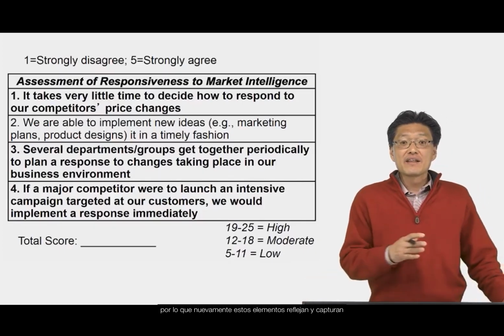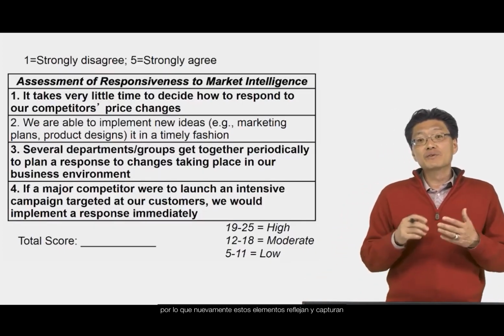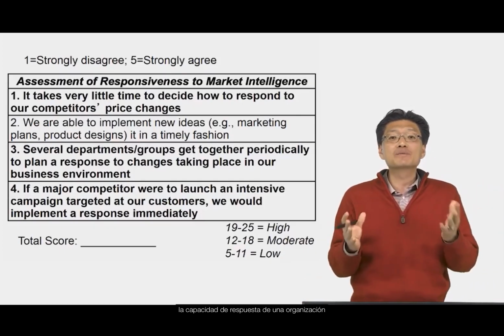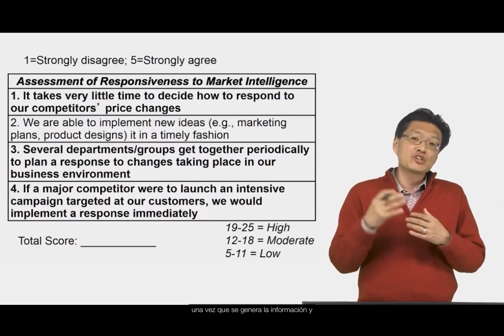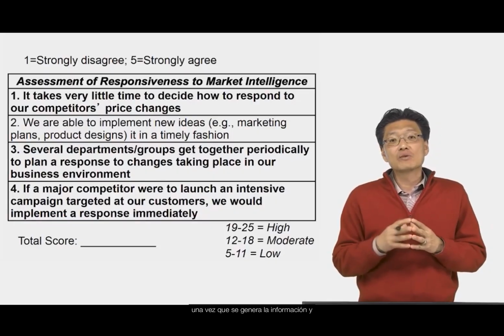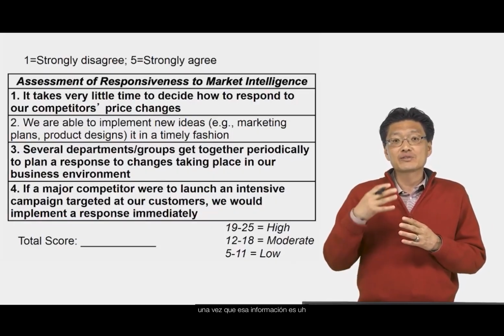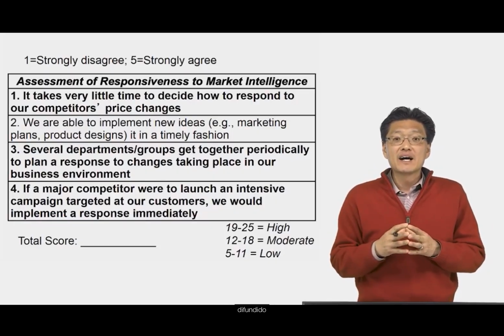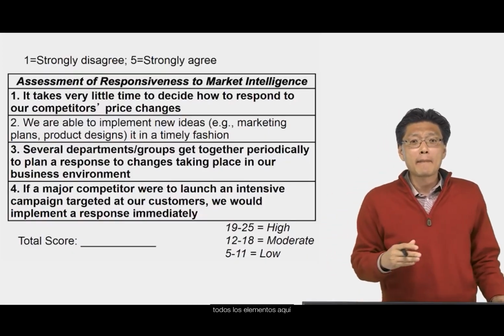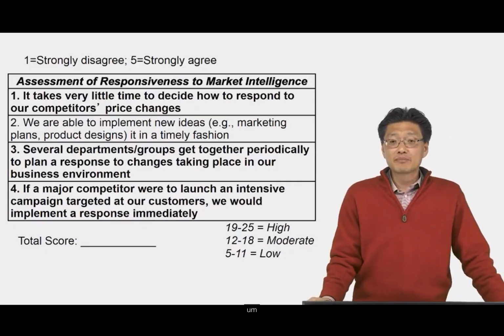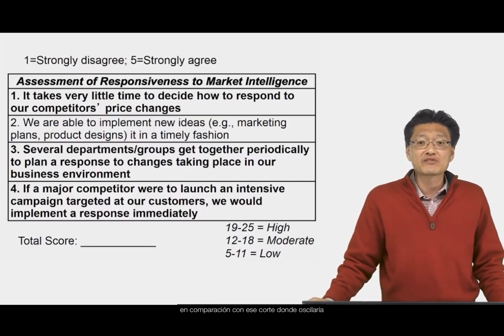So again, these items reflect and capture how responsive an organization is once the information is generated and disseminated. If you add up all the items here, you can compare it to that cutoff where it would range from low to high.